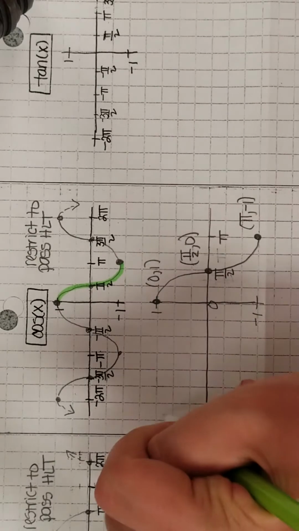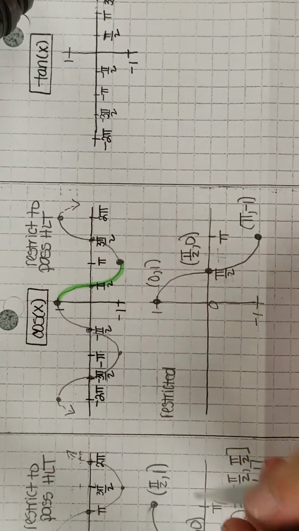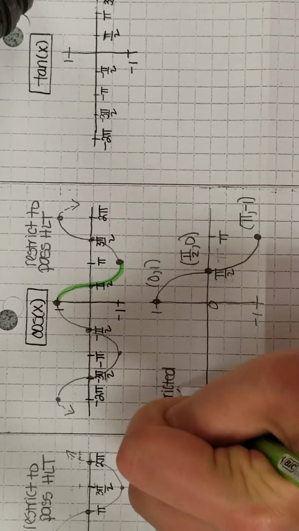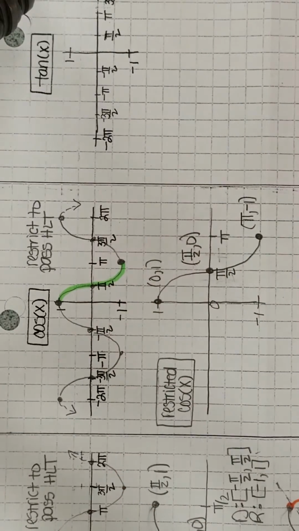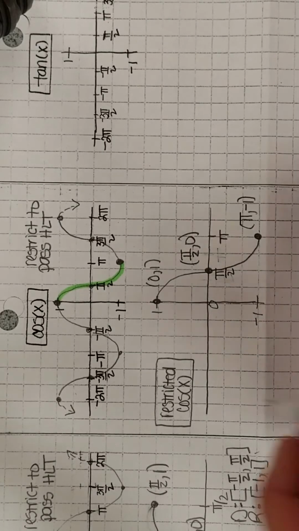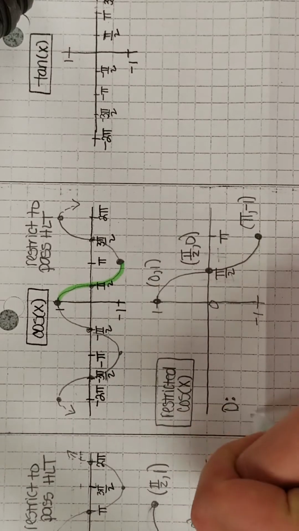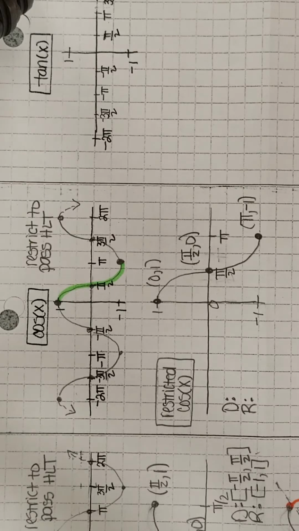So here we have our graph of the restricted cosine of x graph. Let's talk domain and range. If you want to press pause real quick and try domain and range on your own, we'll see if we match. What is the domain and range of this restricted piece?